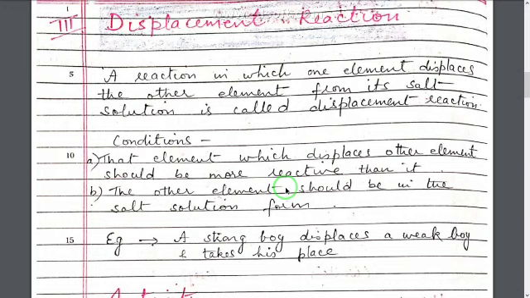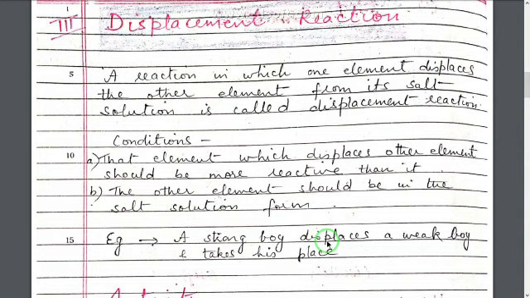I will explain this like this. If a boy is sitting in a front place in a class and some other boy comes and displaces him, means he pushes him back and takes his place and sits there, this is the situation in a displacement reaction.